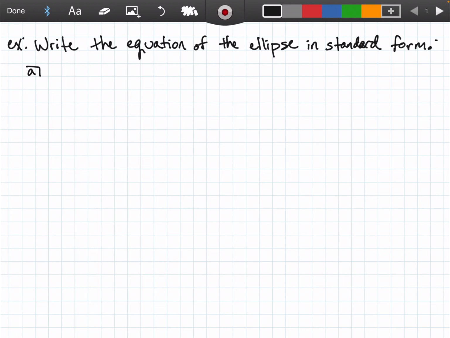Let's see, in my first example, we'll start with something in general conic form. General conic form means that it's totally expanded out.